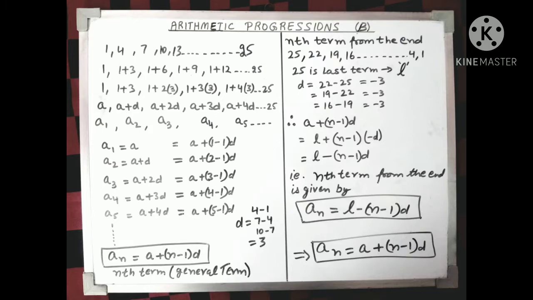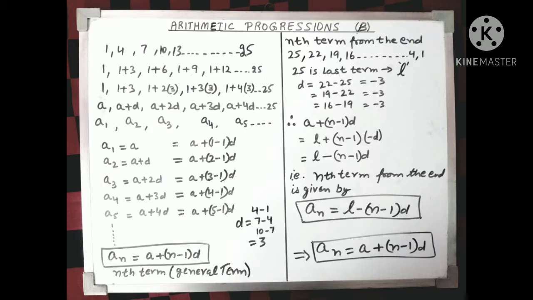Now 25 is the first term, and the common difference this time we are getting as 22 minus 25, 19 minus 22, 16 minus 19, that is minus 3.